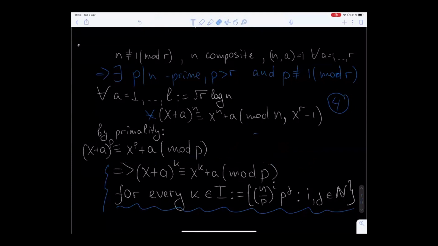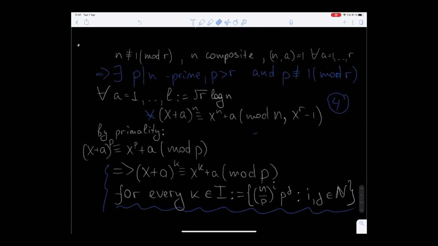If we have a certain property for n and for p, that (x plus a) to the n is x to the n plus a, and the same for p, then we get the same property for n over p, and as a matter of fact, for all numbers from the set I, where I is n over p to the i, p to the j, for i and j being positive integers.